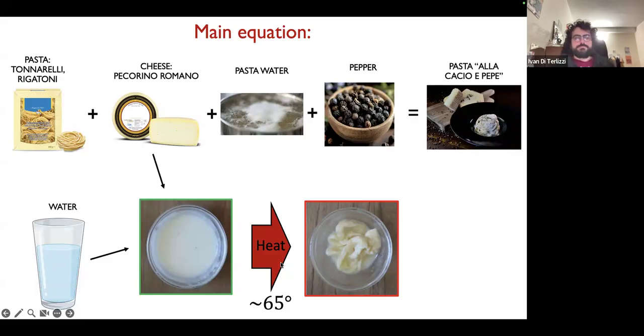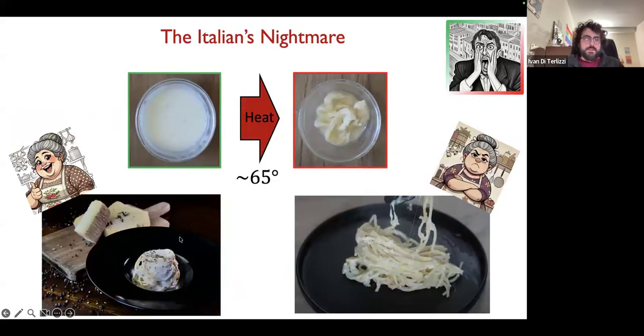This is what happens when you don't perform the recipe well. Instead of this inviting sauce, which would make your nonna happy, you get something like this, where the sauce is stringy and separated, unpleasant, and you get an angry nonna.